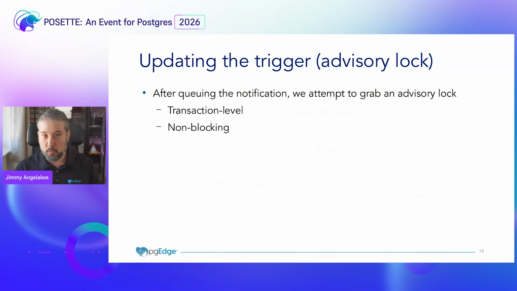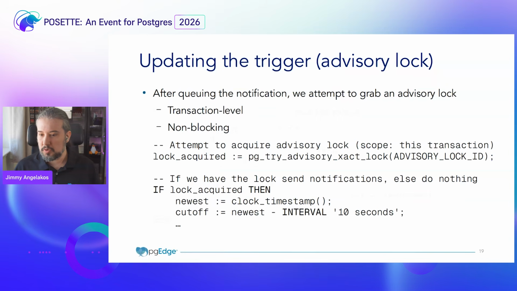It's something we want to control. So it tries to do lock_acquired equals pg_try_advisory_xact_lock. It obtains an advisory transaction lock for the lock ID that we've hard-coded. And then it checks. If we have indeed obtained this lock, then send the notifications. Otherwise, do nothing and just commit as normal.